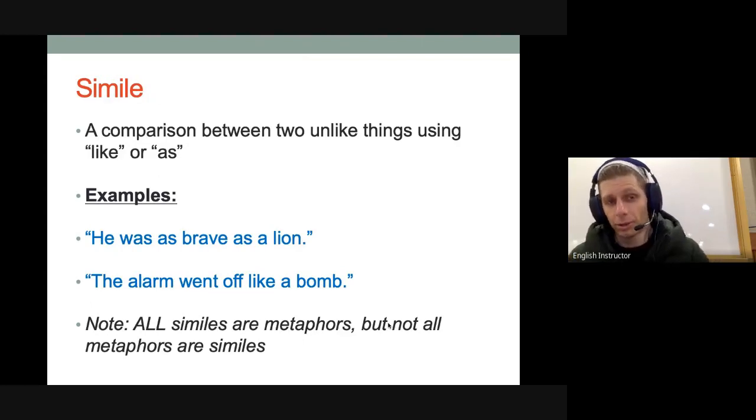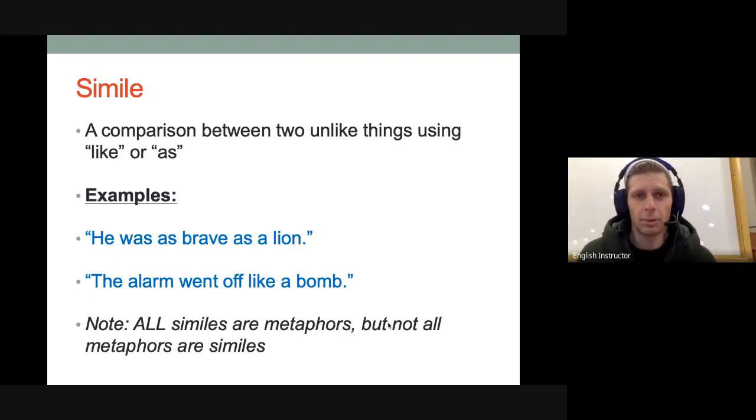Now, similarly, a simile is a comparison of two unlike things, but we add in the words like or as as part of that comparison or description. So, he was as brave as a lion.